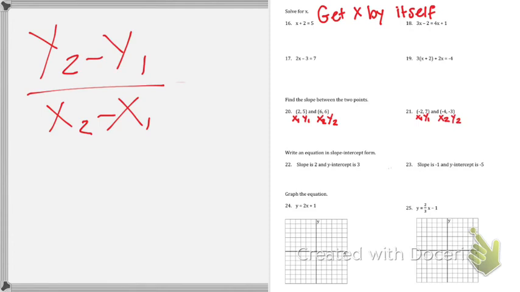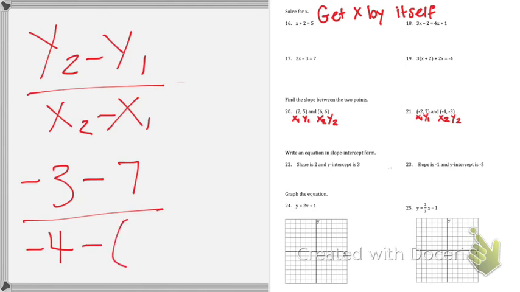So y2 in this case is -3 minus, because that's what our formula says, our y1, which is 7, divided by x2, which it tells us is -4, minus, and x1 is a -2. Now, just because x2 is negative does not mean that you cannot put your subtraction sign, okay?